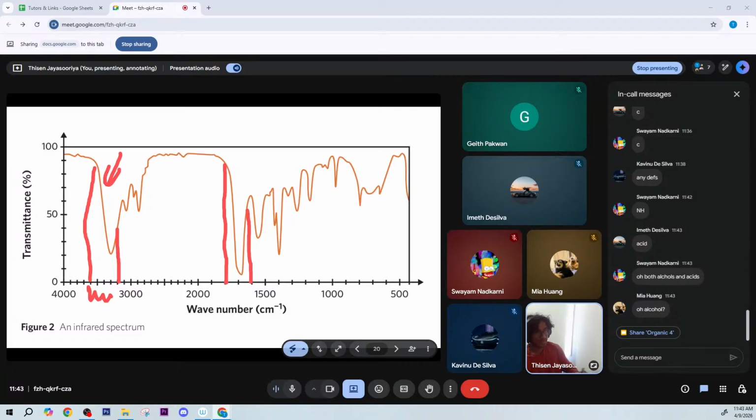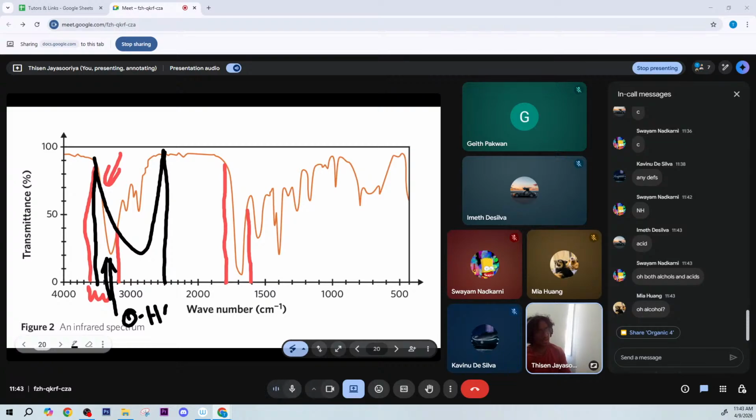I want you to look at the data book. An acid would stretch all the way from here to here. So an acid would have this very broad peak. This is what we characterize as an OH alcohol. They're different enough that we can differentiate them from each other.